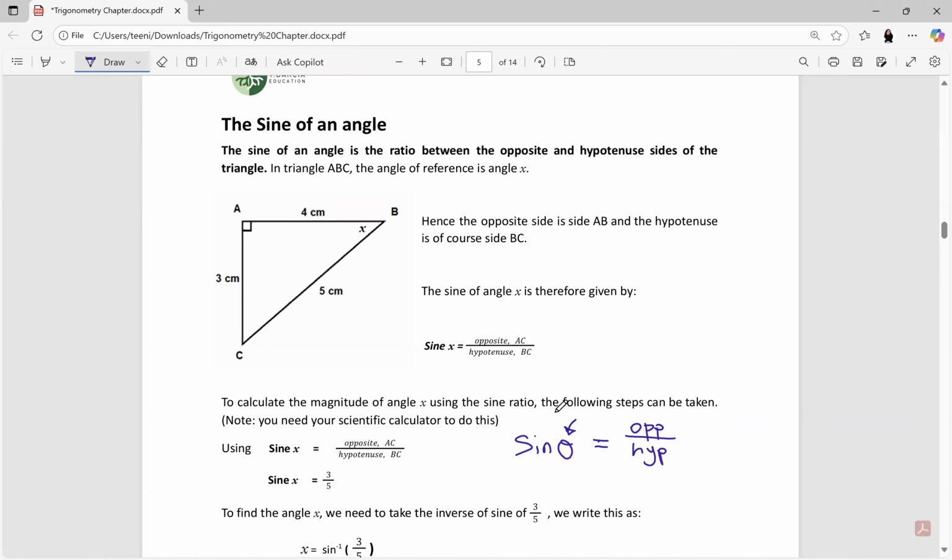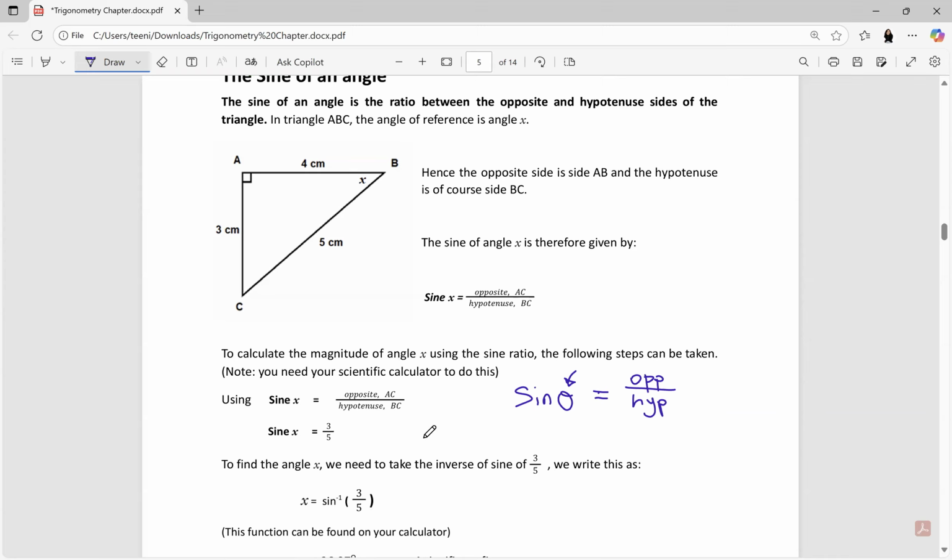All right, so all we'll do there is recall the formula and then write in the values. So sine of x is equal to, now in this triangle ABC, our angle of reference is here. Our hypotenuse is this side of 5 centimeters. Our opposite is the side of 3 centimeters.